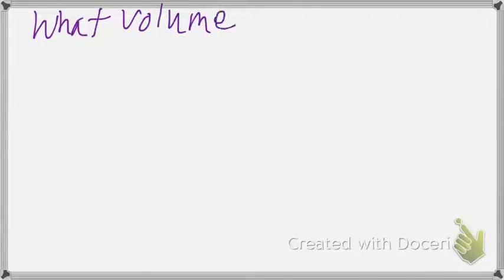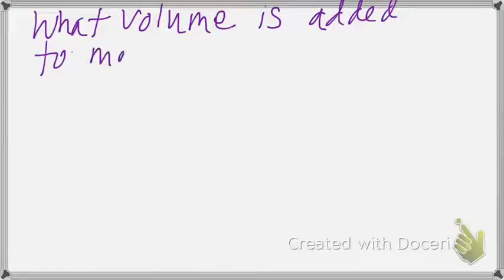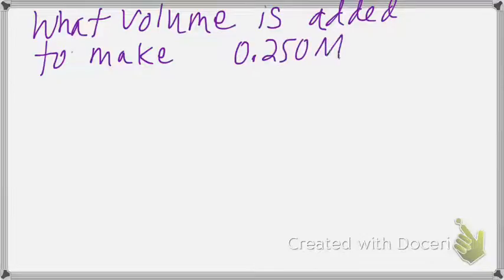Another example, I'm sorry if I erased that too quickly. Another example is if I wanted to know what volume would be added to make 0.250 molar if all I have is 48.5 grams of salt.